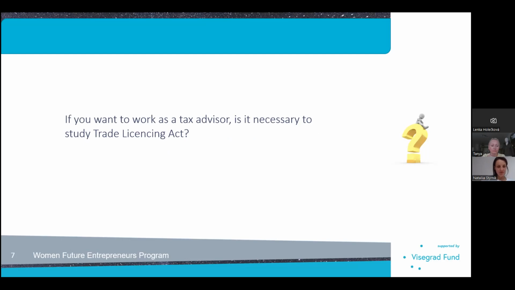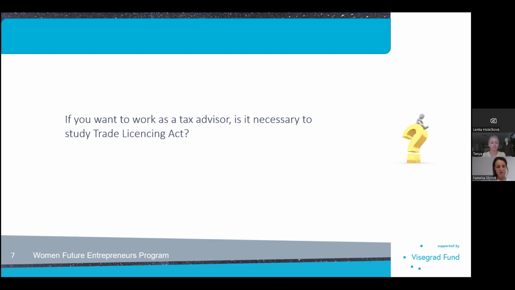But in fact, the job of tax advisor is not included in the Trade Licensing Act because it's a very specific job and there are some boards that are controlling these professions, like, for instance, tax advisors, auditors, doctors, etc. For tax advisor, daňový poradce in the Czech language, it's komora daňových poradců.